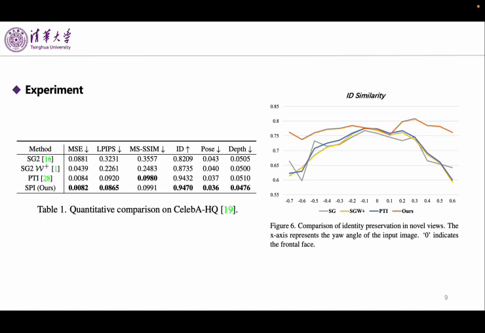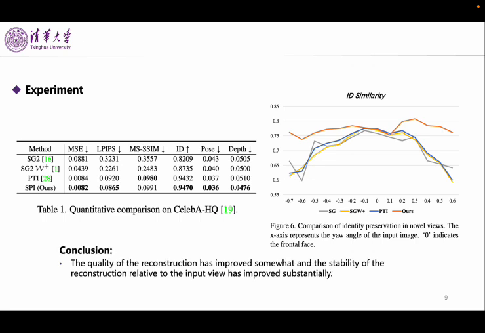We can find that other methods degrade when the input face is a side face, while our method performs robustly and consistently no matter what the angle of the input face is. Therefore, the quality of the reconstruction has improved somewhat, and the stability of the reconstruction relative to the input view has improved substantially.